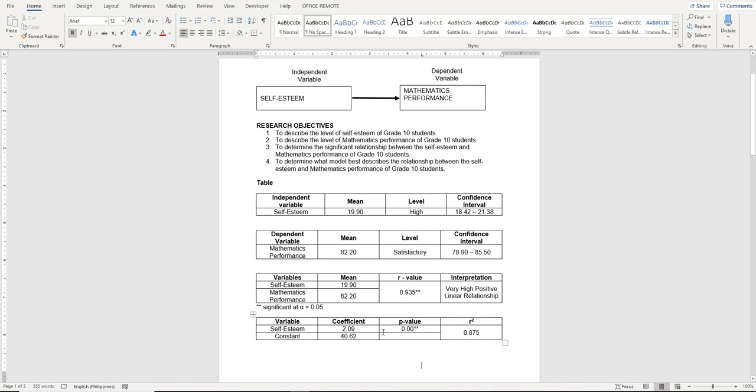Okay, so technically we can create a linear model or linear equation.